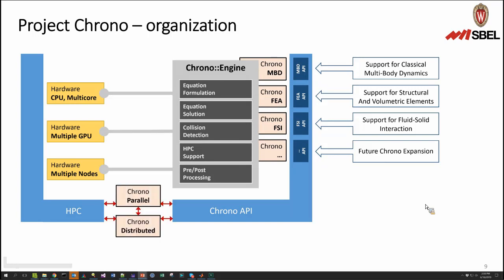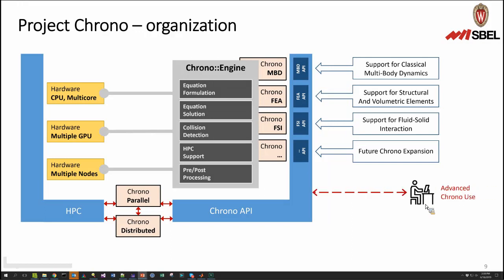This entire setup is meant to run either in parallel on one workstation, or it can employ multiple nodes in a distributed fashion. As I said previously, this is supported through MPI.